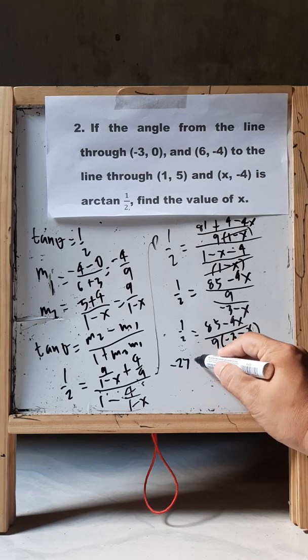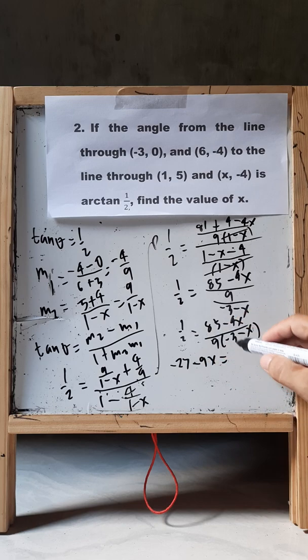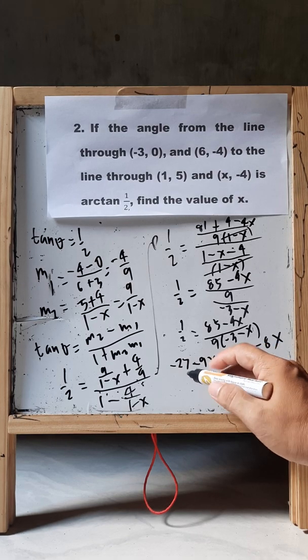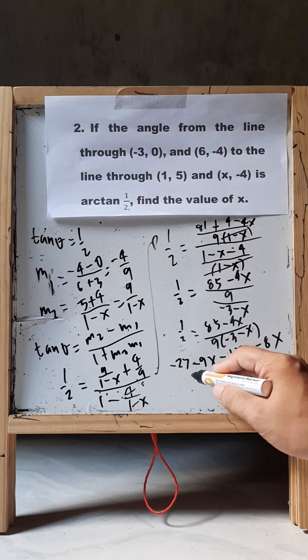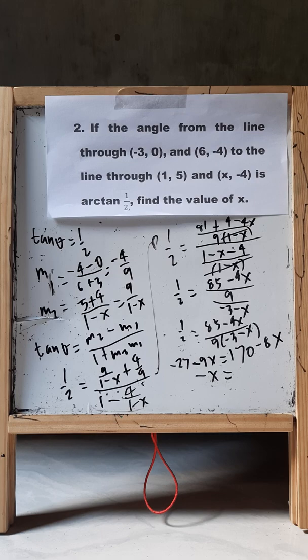Negative 27 minus 9x will become 2 times 85 is 170 minus 8x. So from here, you can be able to solve for x now. Negative 9x plus 8x is negative x. 170 plus 27 is 197.